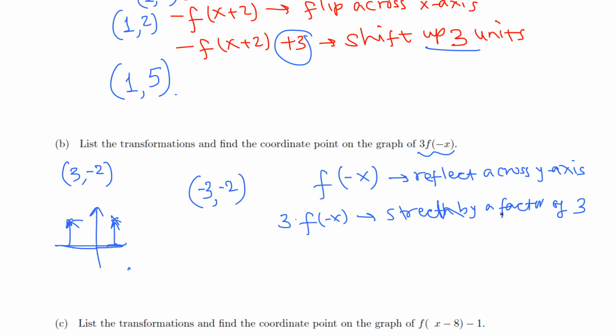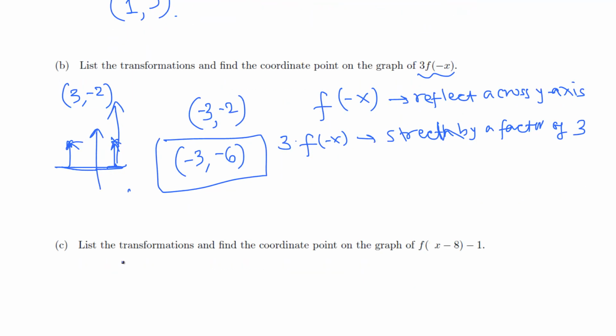Then stretch by a factor of 3. Stretch means we just make it bigger by a factor of 3, so we multiply the y coordinate. 3 times -2 is -6. So that's the final answer.